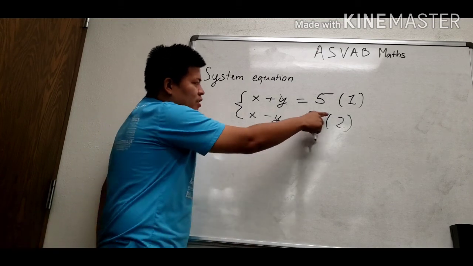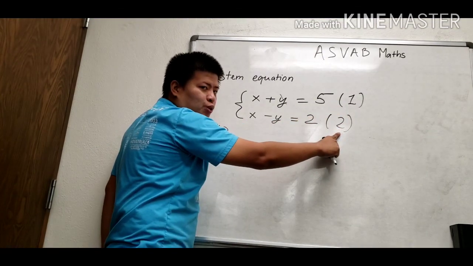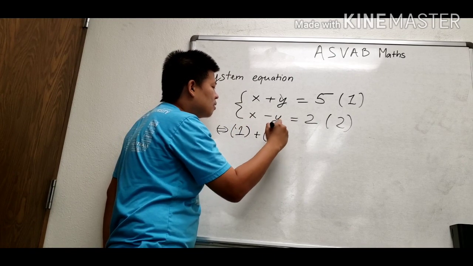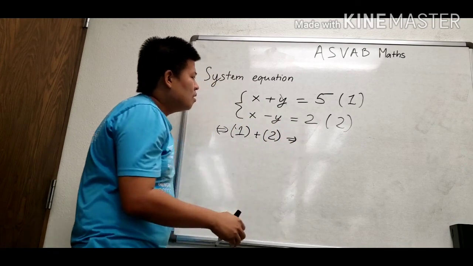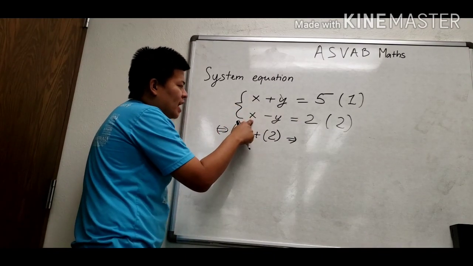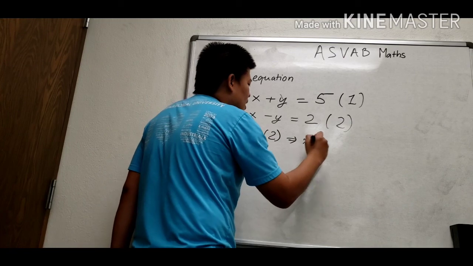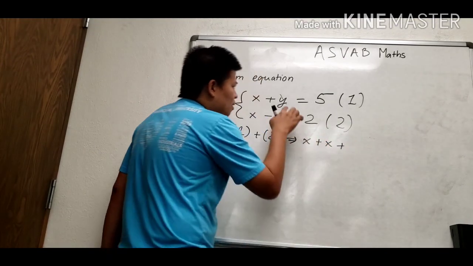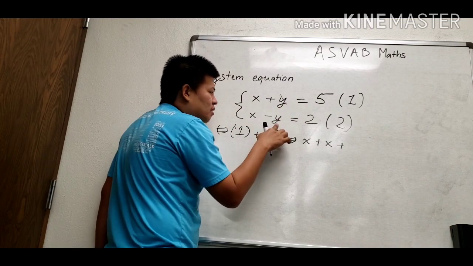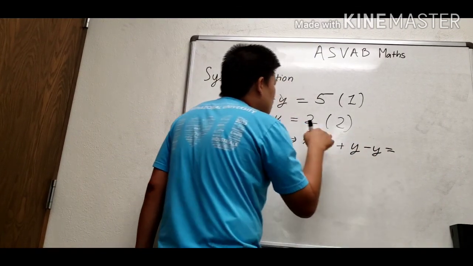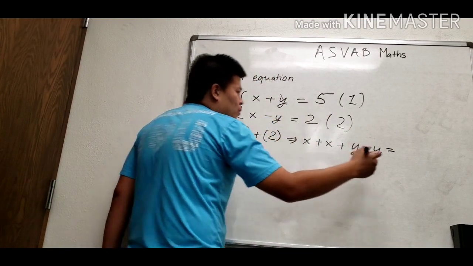First, we sum number 1 and number 2 together. After we sum together, x plus x in here, and we have y minus y, 5 plus 2.